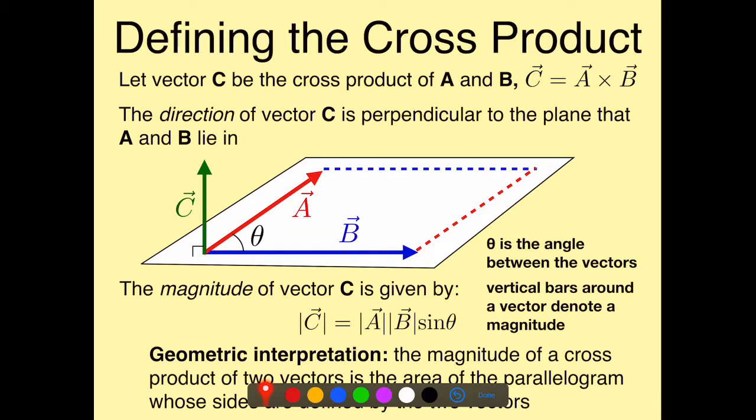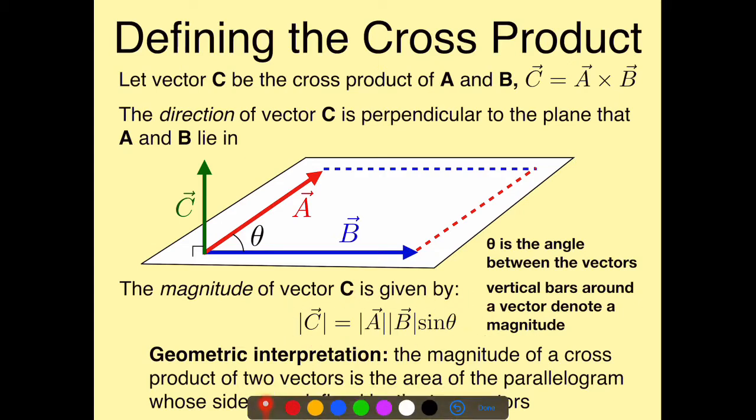If we make a copy of vector A, shown with this red dashed line, and another copy of vector B up here, we can form the sides of a parallelogram. The area inside of that parallelogram is the magnitude of the cross product, given by this equation. That's how you can interpret this equation geometrically.